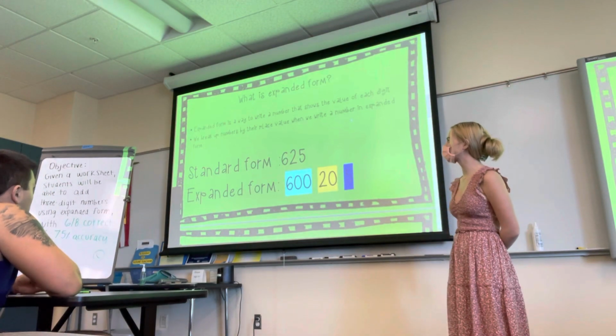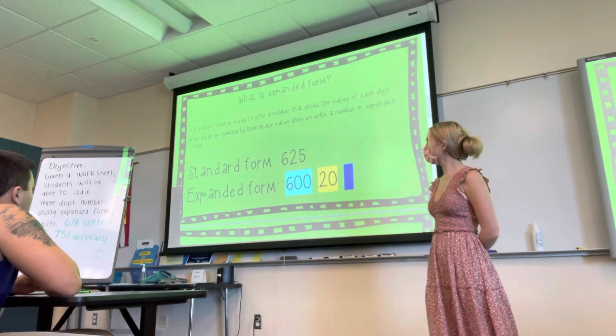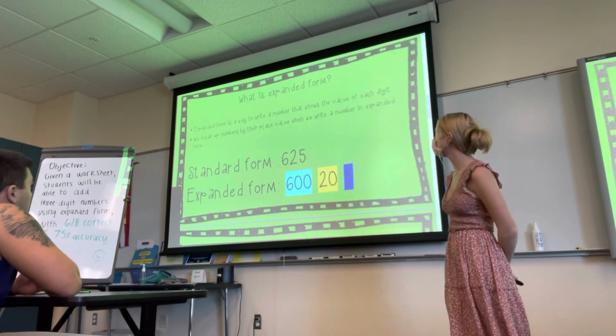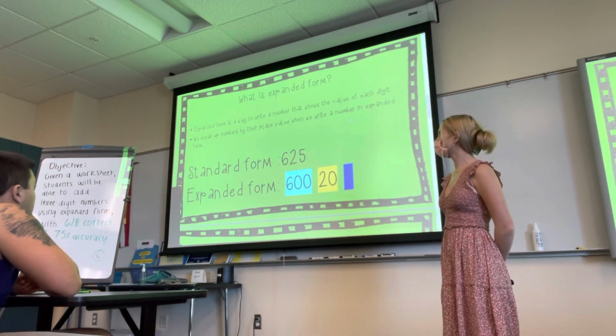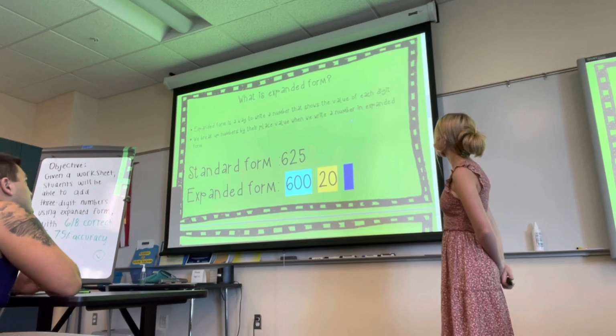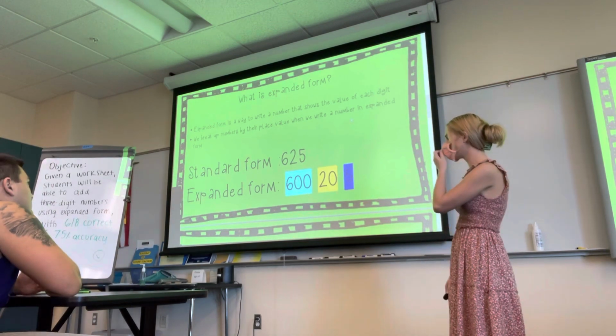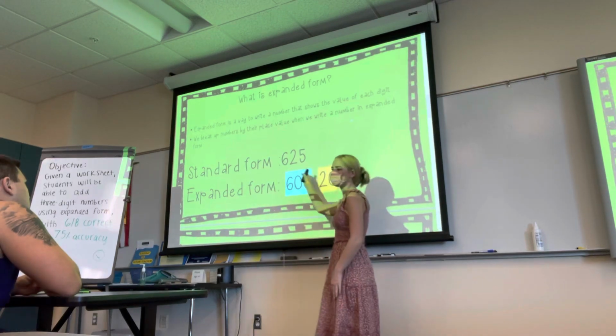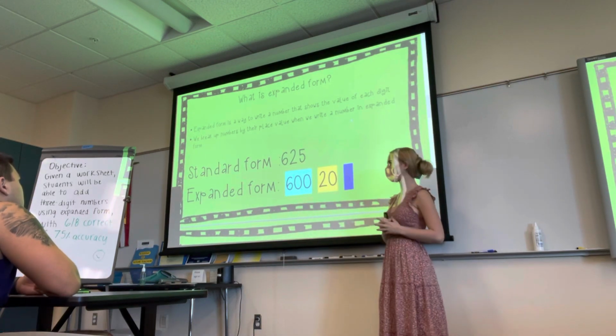What is expanded form? Expanded form is a way to write a number that shows the value of each digit. We break up numbers by their place value when we are writing a number in expanded form. So right here we have standard form, and this is how we normally write numbers.